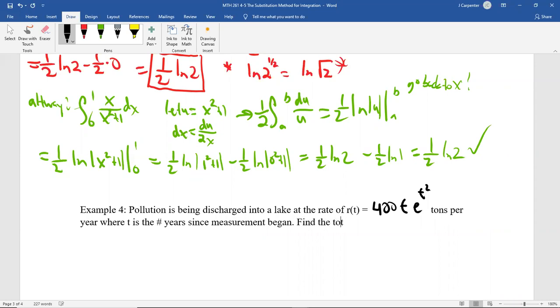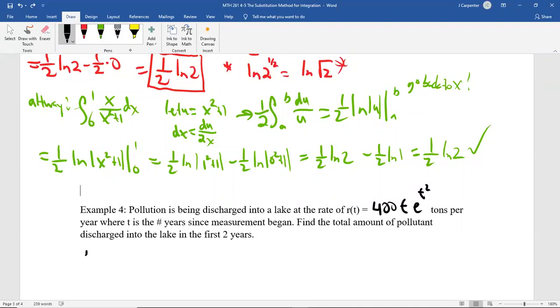Find the total amount of pollution discharged to the lake in the first 2 years. So I gave you a rate of something happening and we want the total. We have said multiple times that when you're given a rate and asked for a total, that's accumulation basically, you're integrating it.